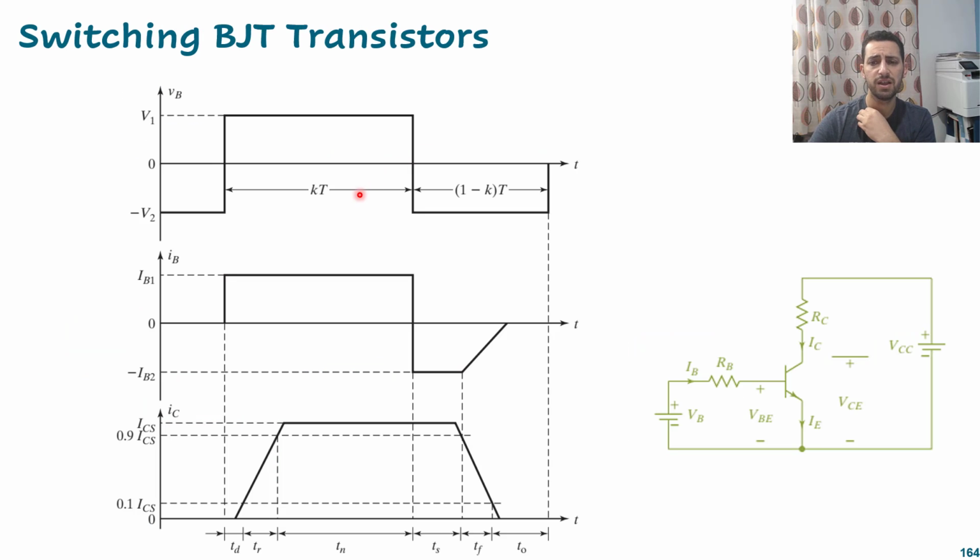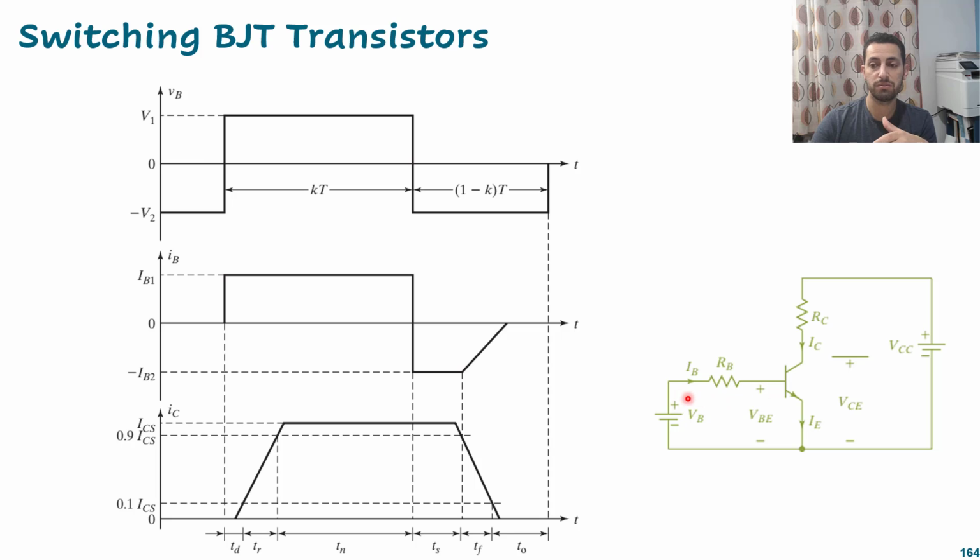If we look at the switching, in the switching losses we talked generally about how these transistors switch on and off. If we have a circuit, for example, with this transistor, a load and a supply, we can control the current going through that branch by controlling the current going into the base.